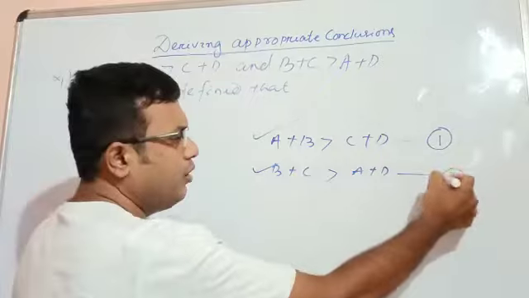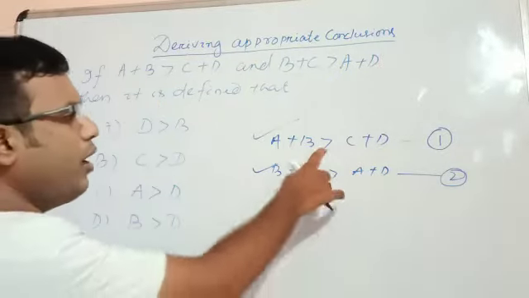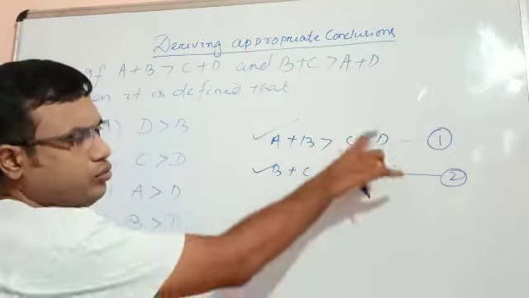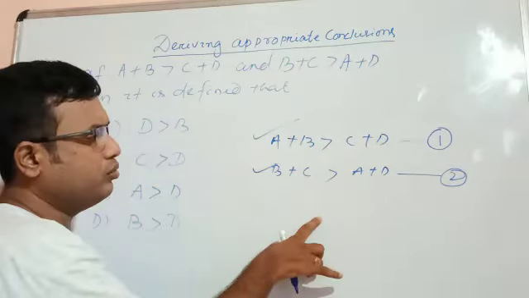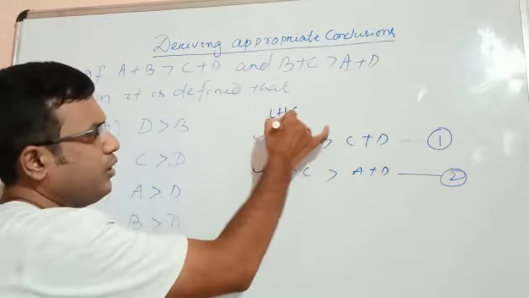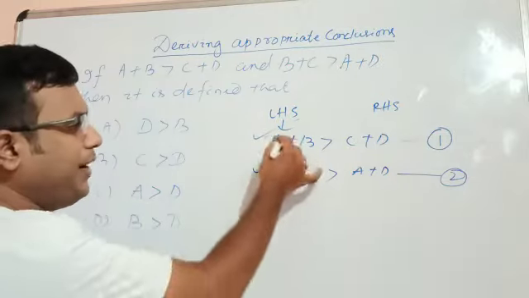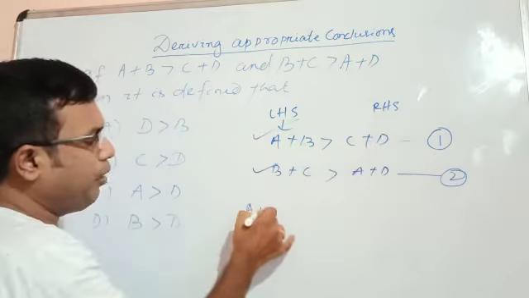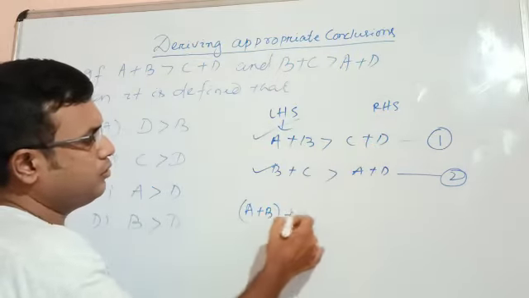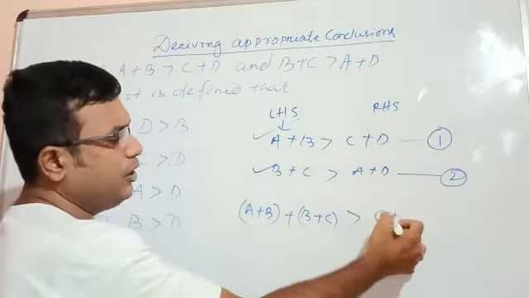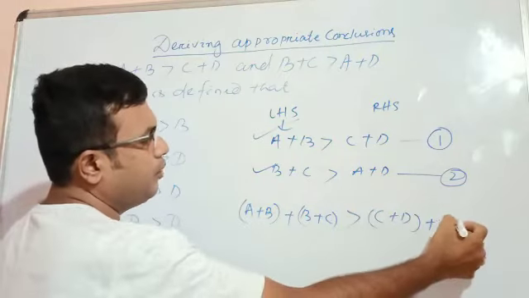Then it is 2. So 1 and 2. Now combining 1 and 2. This is LHS. This is RHS. Combining 1 and 2 means A plus B plus B plus C also greater than C plus D plus A plus D. Yes or no?